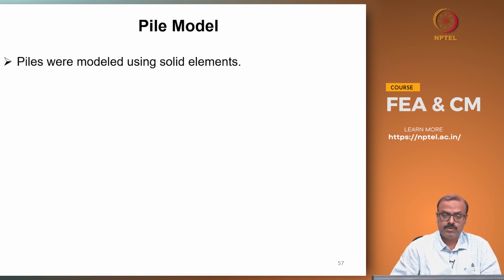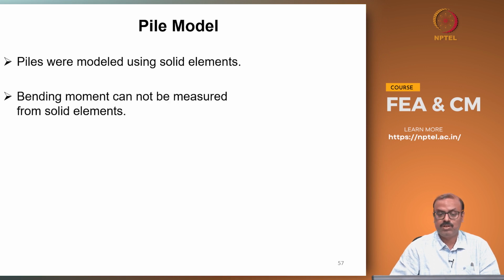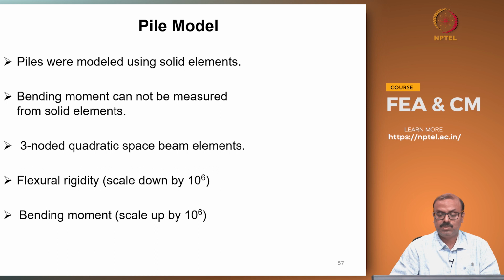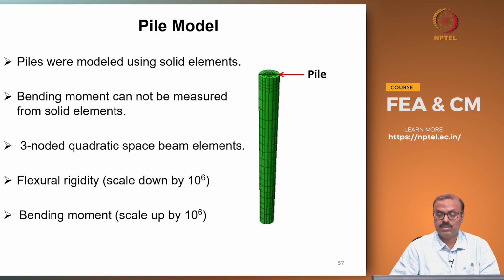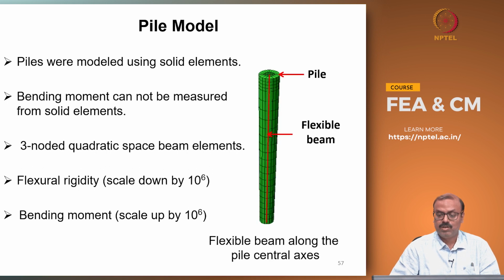There is a challenge in modeling the pile, because piles are generally modeled using solid elements, and in solid elements, bending moments cannot be measured directly. So, we have a 3 noded quadratic space beam element inserted within the pile, and the flexural rigidity of that beam element is scaled down by 10 to the power 6.